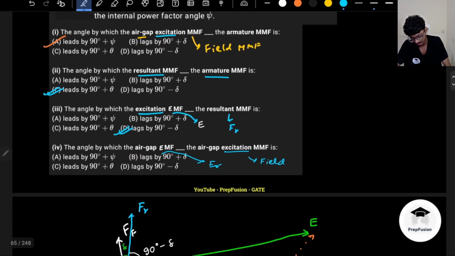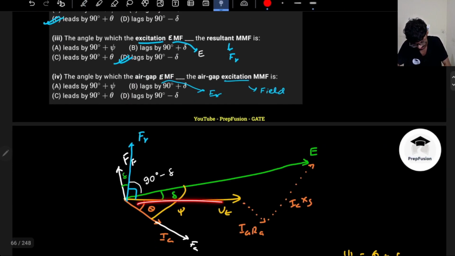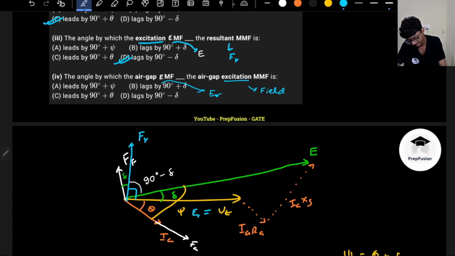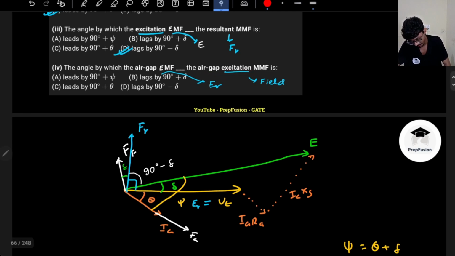So they are asking me the angle of the resultant EMF, that is basically VT, because in this case VT and ER are the same, and the air gap excitation MMF is here.